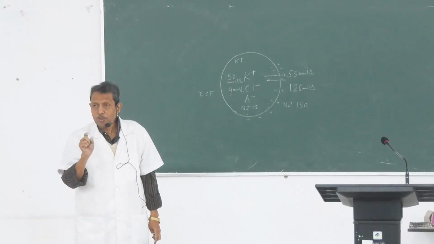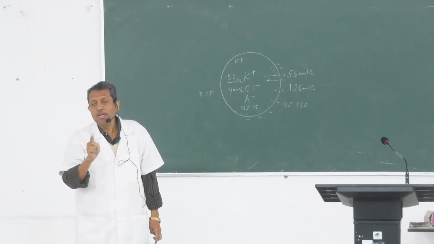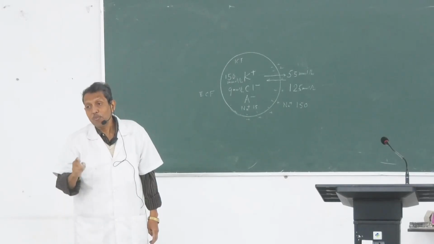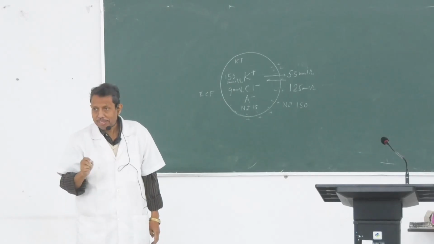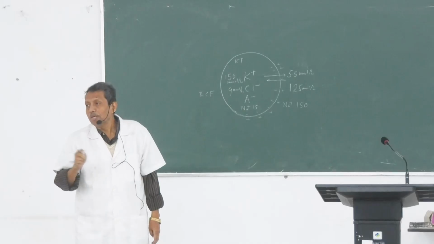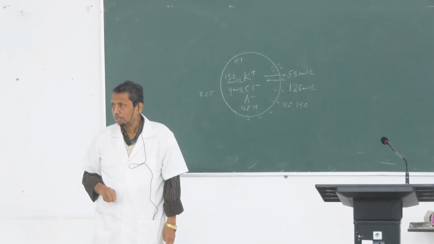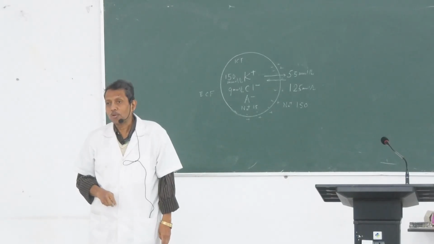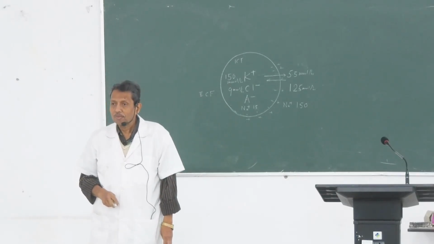At the membrane potential, the equilibrium potential, there is no net movement of these molecules. Individual molecules are traveling, but there is no net movement. That is called the equilibrium potential for potassium.